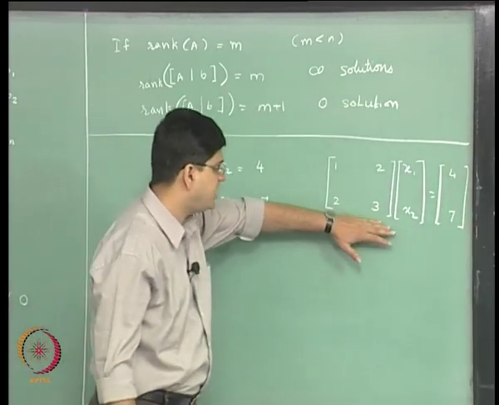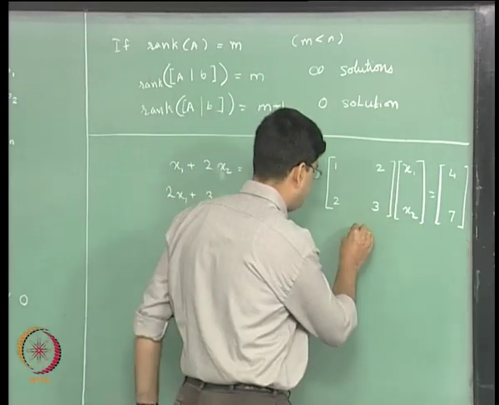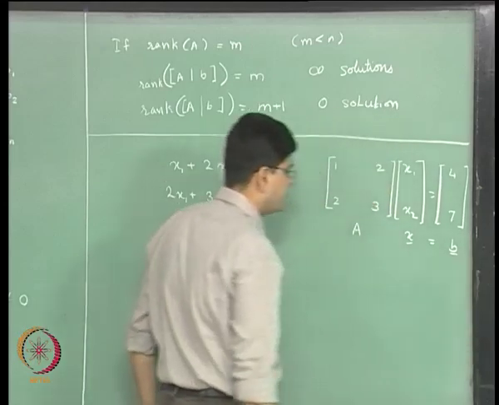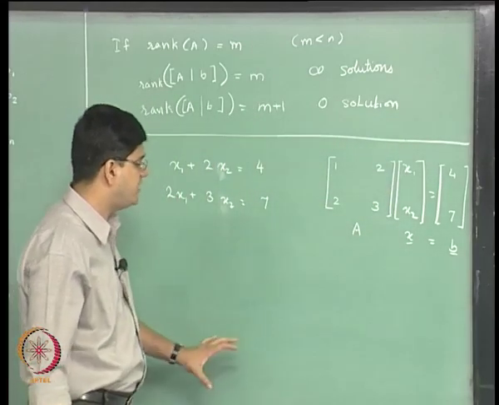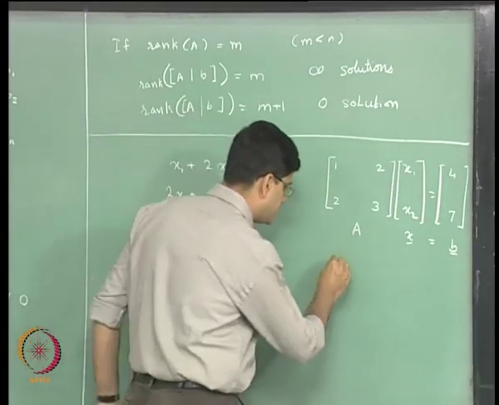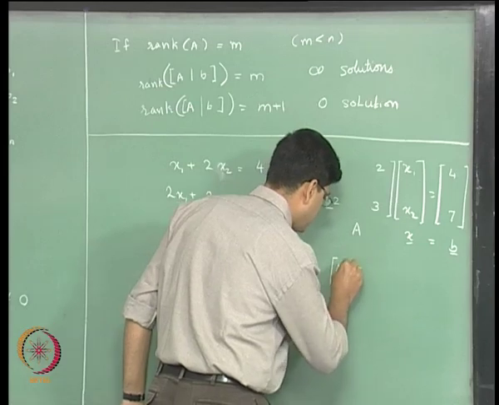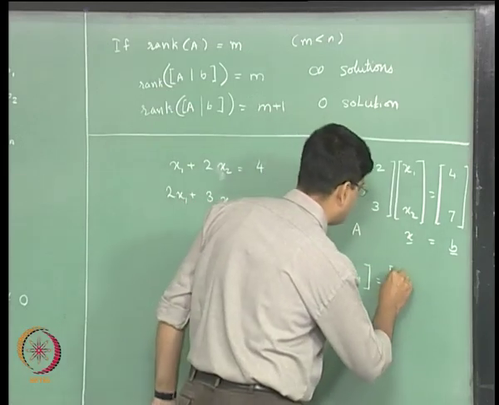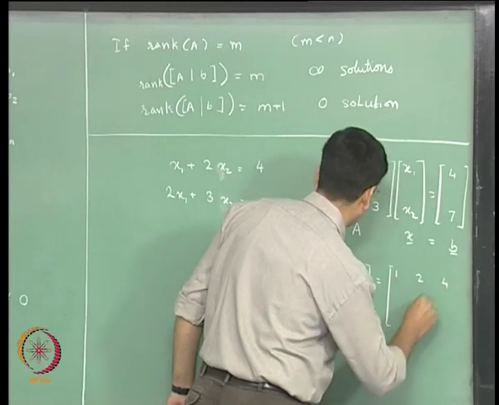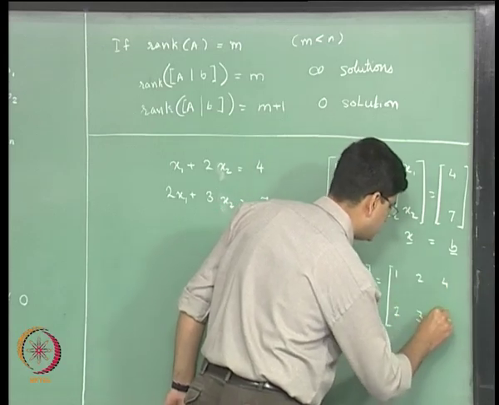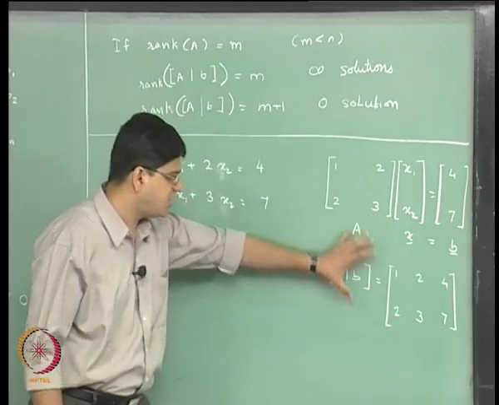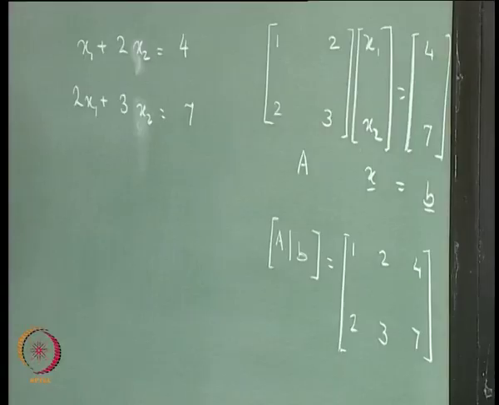So this is matrix A, this is X, this is B. Okay. And we will define a concatenated matrix A bar B as nothing but 1 2 4 on the first row and 2 3 7 on the second. Okay. So these are our definitions for now.